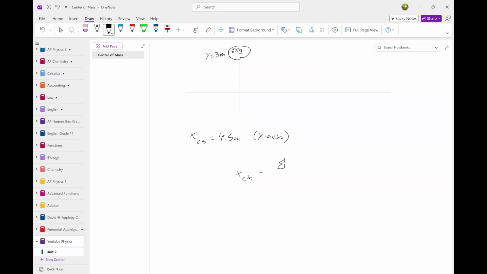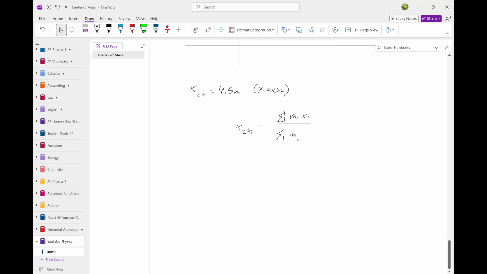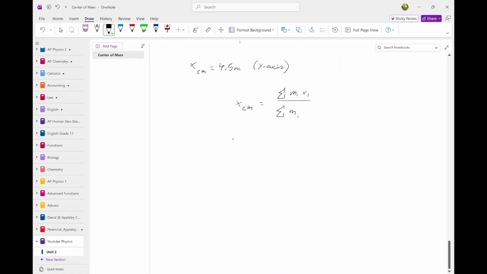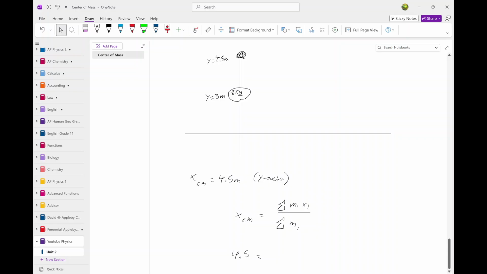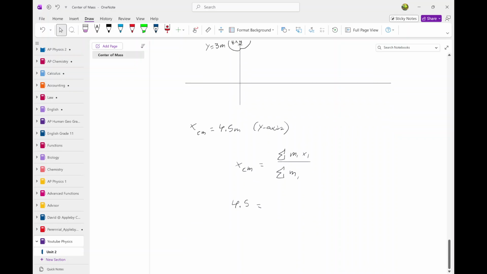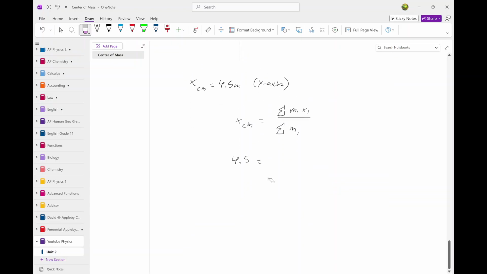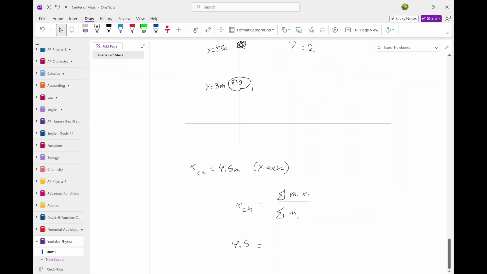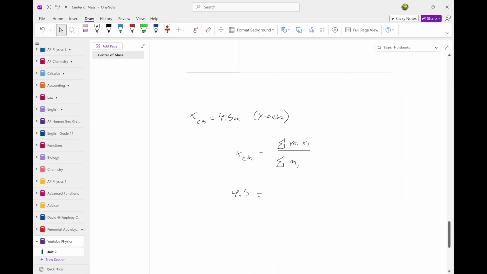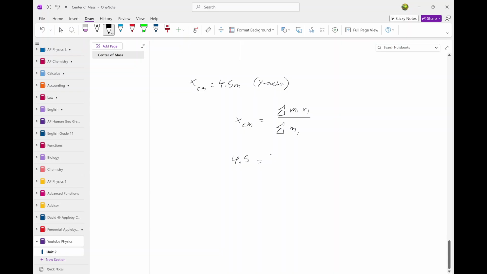As we know, it's m1 y1 over m1 plus m2. Let's name this 1, and then the mysterious 2. So we have the first mass, 8 kilograms.